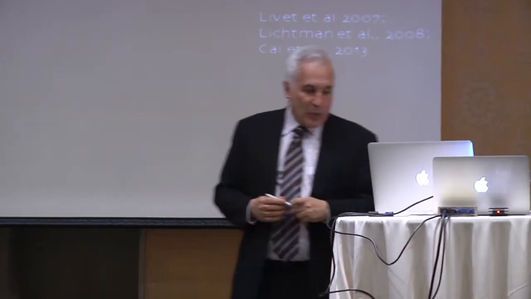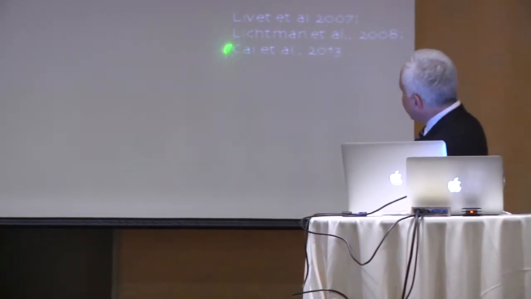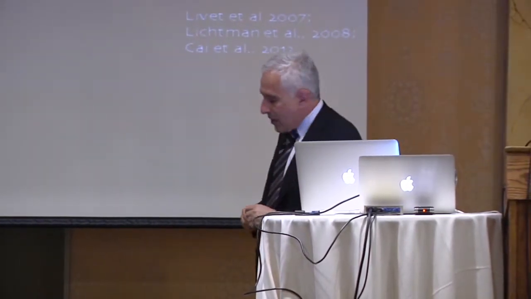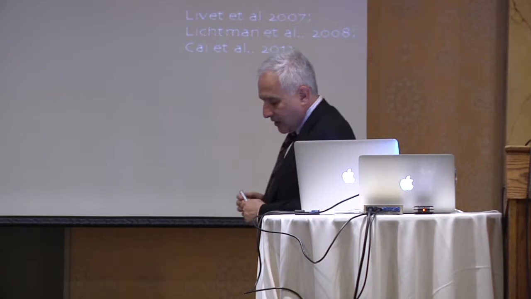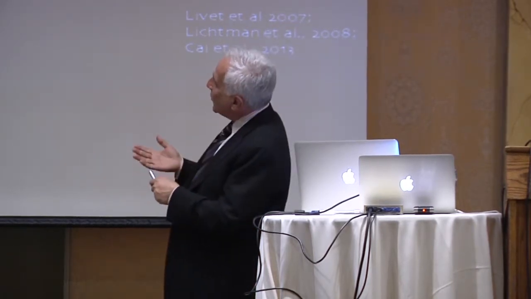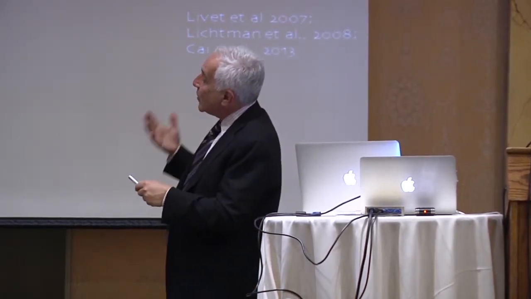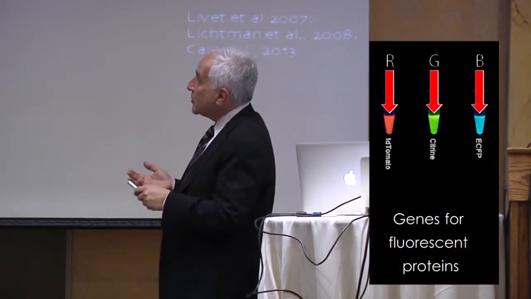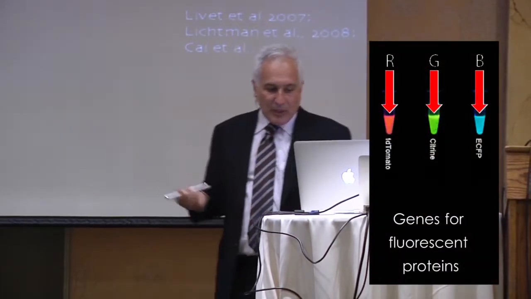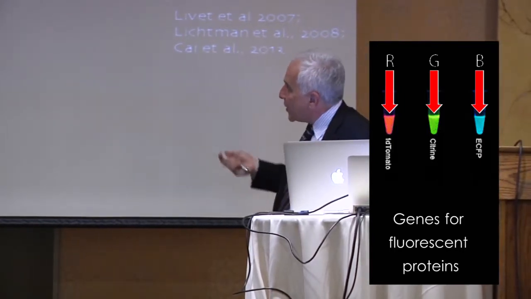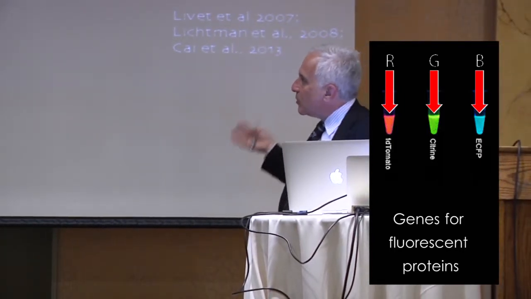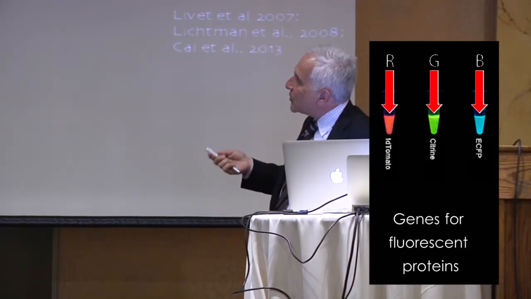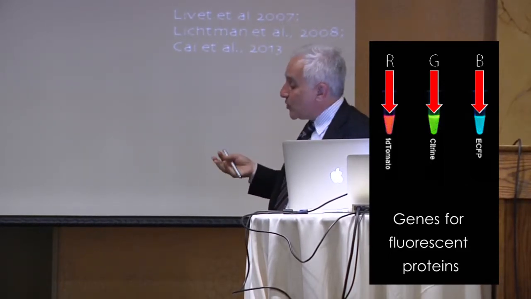So what we did, and Jean Livet, who was a postdoc at the time, and now has his own lab in Paris, and Josh Sanes, a colleague of mine, went about trying to figure out how to randomize the amount of expression of 3 different genes in each cell in the nervous system. And I won't go through the molecular shenanigans we did. It's just ways of getting different amounts of these 3 genes expressed in individual cells.